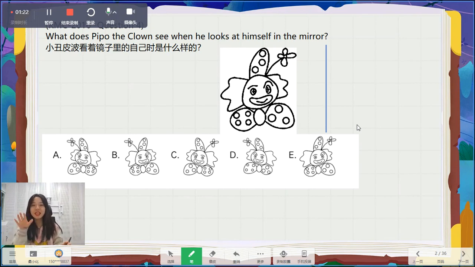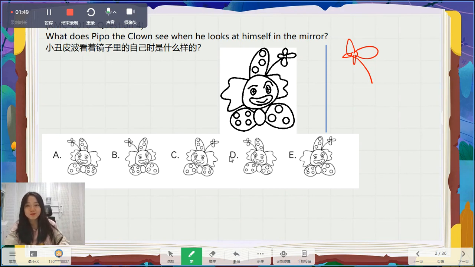That means the left side of this clown must be on the right side in the mirror image. Just like this, you can see the flower. At first, it points to the right, so the mirror image must point to the left, like this. They are as close to each other. Okay, this is a flower.